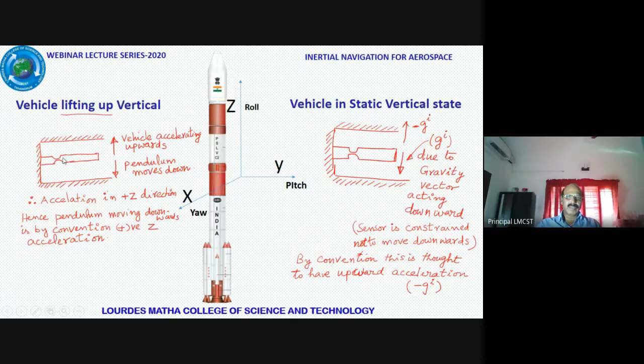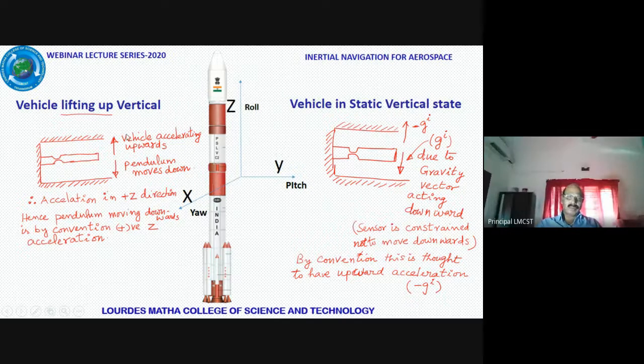There are many accelerometers; one I am showing, I am putting here. And the vehicle is accelerating upwards along the Z direction. Then the accelerometer sitting here, the pendulum will move down. So this motion of the pendulum down, I should call plus Z acceleration. Okay? This is very straightforward. The previous slide also explained this. Again, repeating, these things are important.